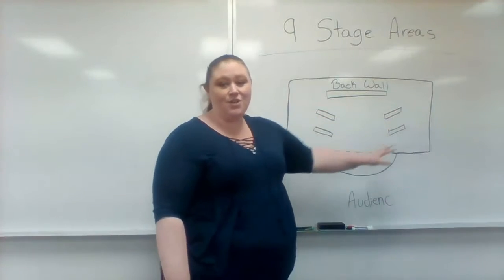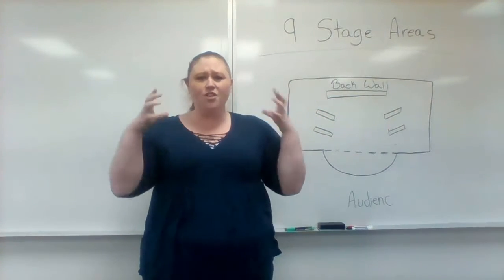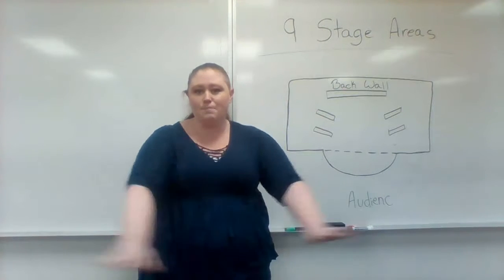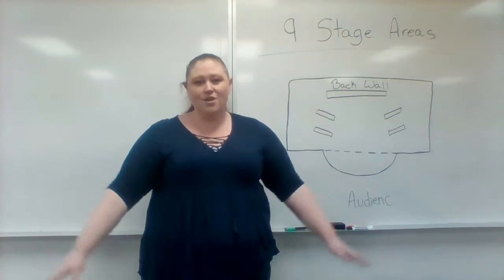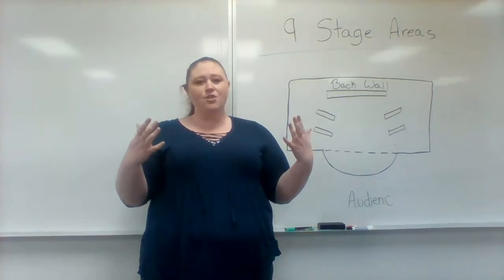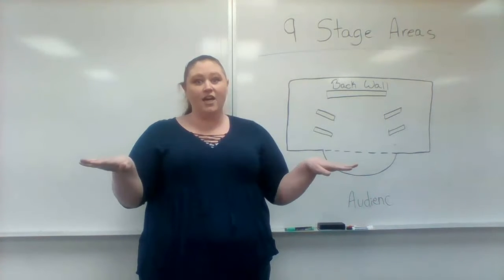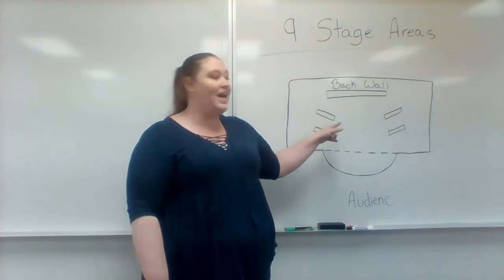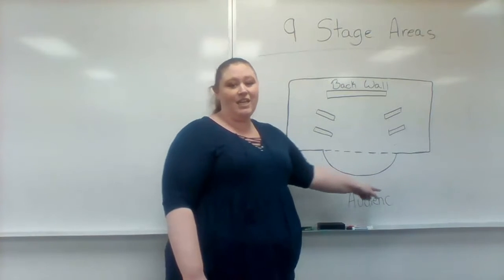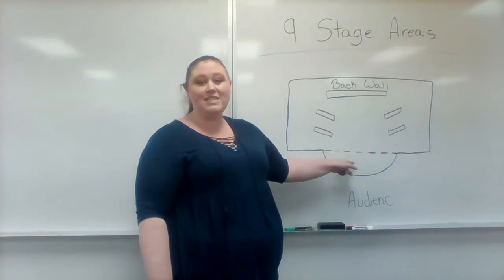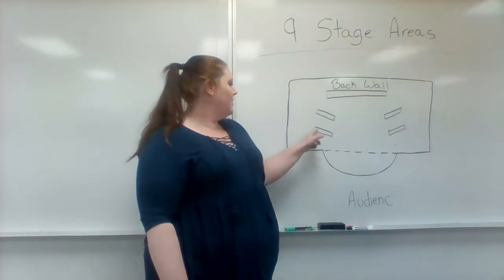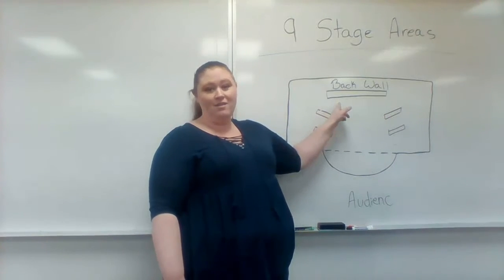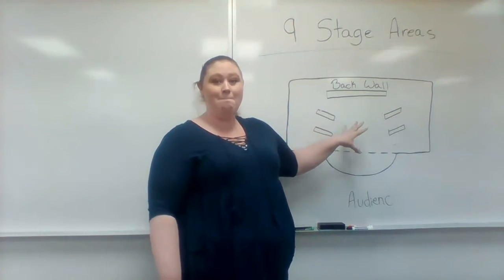Remember that this view of the stage is if we're standing on the roof of the theater and we're looking straight down through a transparent ceiling, right? If we were standing on the roof and the roof was clear and we looked down at the stage, this is the view we would get. Where the audience is sitting here, here's the stage apron, stage legs, back wall of the stage, right?